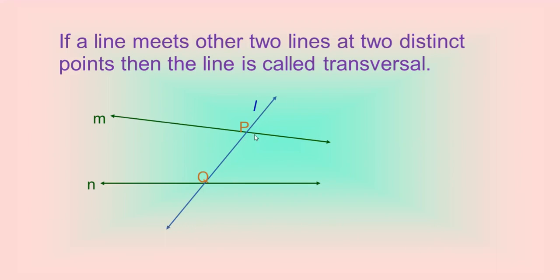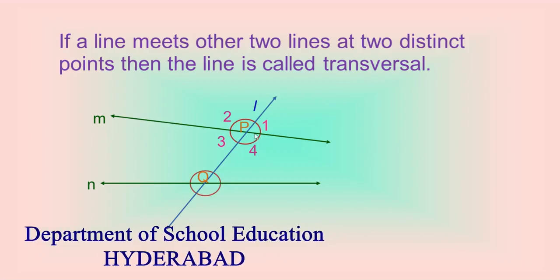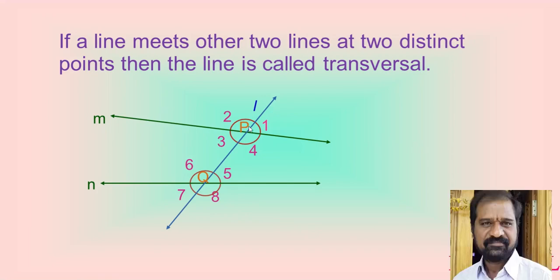At P we get four angles and at Q also four angles: 1, 2, 3, 4 at P and 5, 6, 7, 8 at Q.